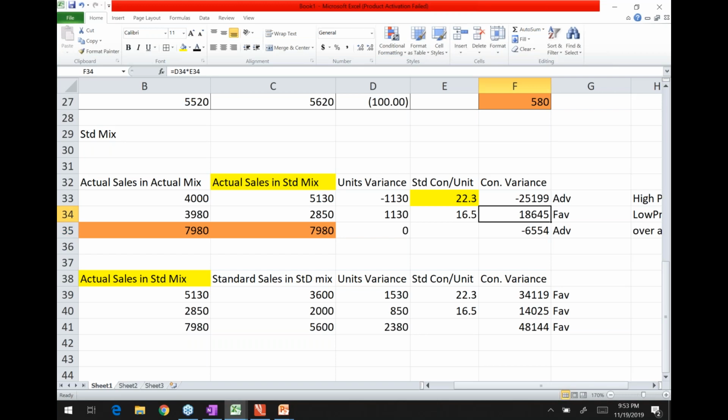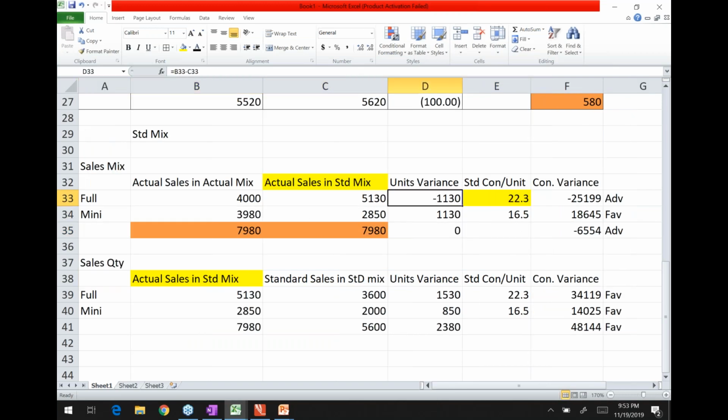Okay, so you can see here actual sales of full valid was 4,000 and standard was more, so we sold less. Whereas mini valid actual sales is 3980 and we were required to sell 2850, so we sold this more.